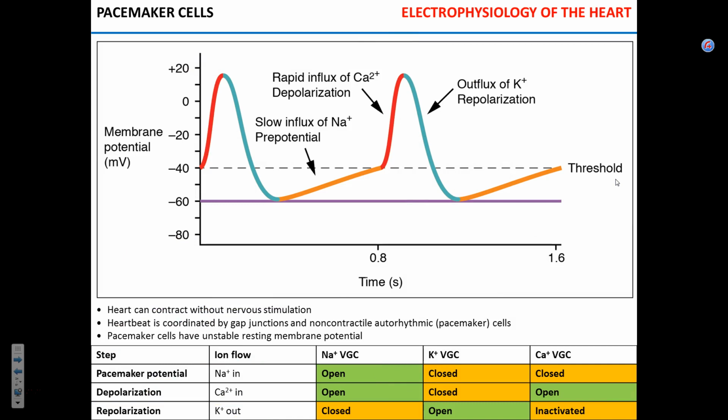How can the heart maintain its heart rate without a permanent stimulation from the brain? The answer lies in the pacemaker cells. So pacemaker cells are basically changed cardiomyocytes.